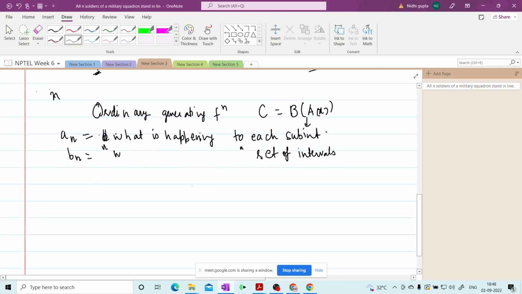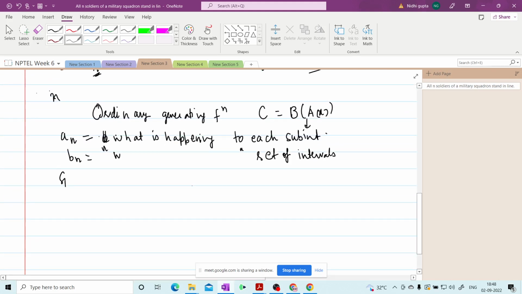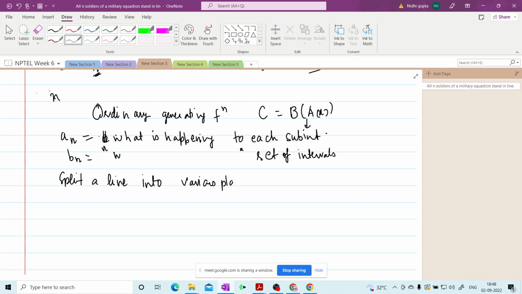So if we want to split a line into various places, the second step is to choose a subset of the newly formed lines.